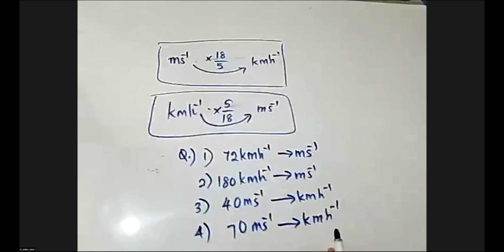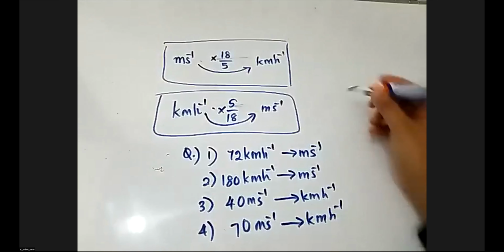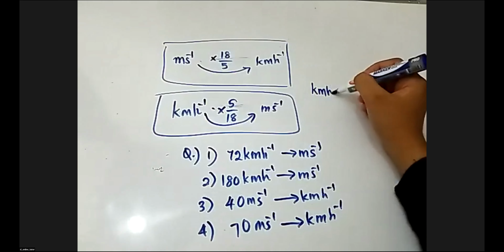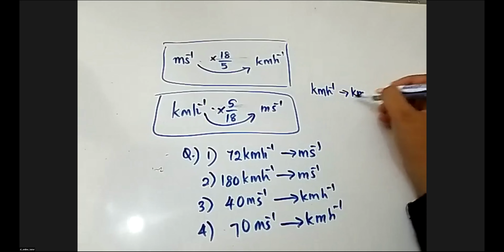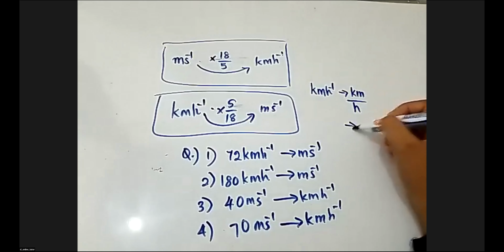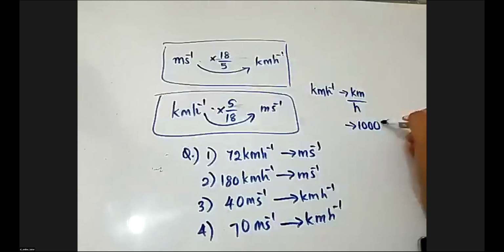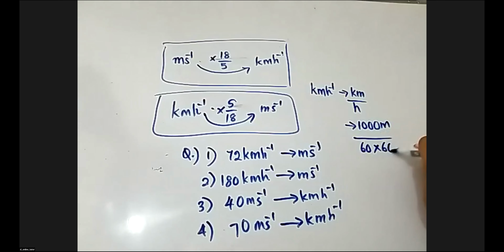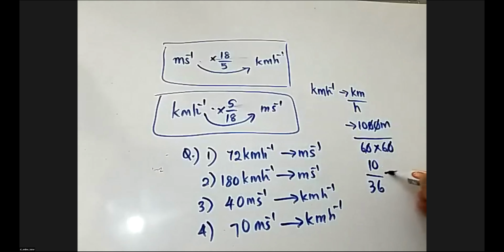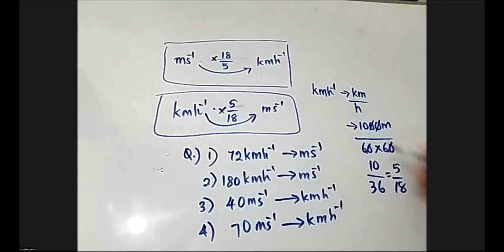Let me tell you how. If you are converting kilometers per hour to meters per second, that means kilometer over hour. A kilometer in meters is 1000 meters. An hour in seconds is 60 into 60, 60 minutes, 60 seconds. So when you solve this, you get 10 over 36. 10 over 36 can be simplified as 5 over 18. That's how you are getting that.